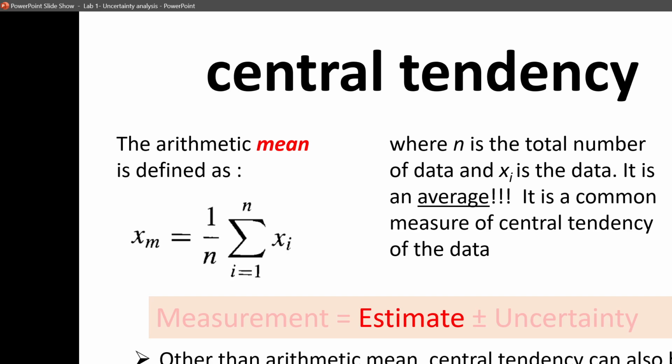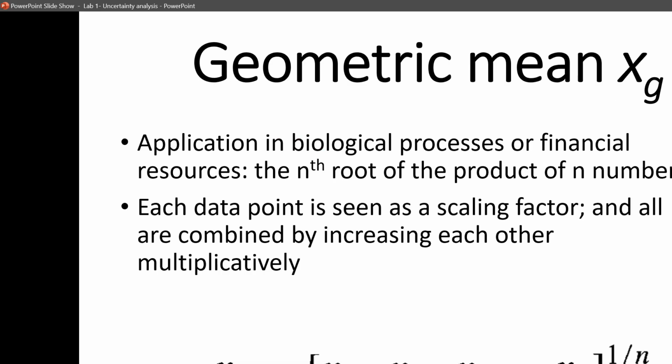For our case, it's always arithmetic mean, but the other central tendency representations are the median, which is the exact central value in a group of ordered data, and the mode, which is the most frequent value of the data.